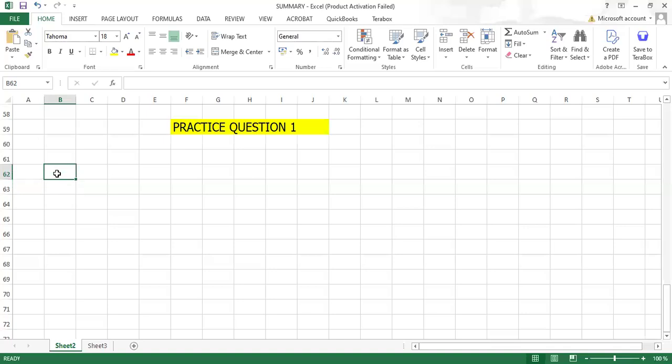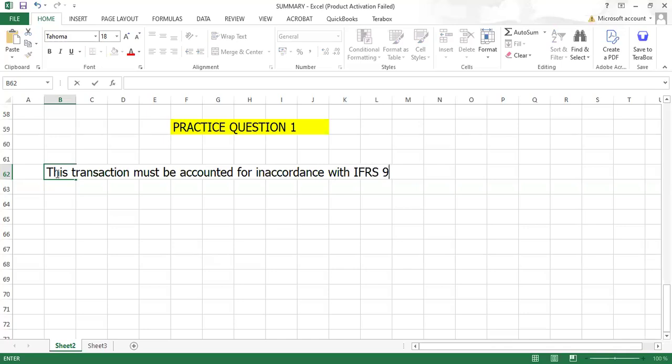So initially we just needed to know this transaction must be accounted for in accordance with IFRS 9, that is financial instruments.